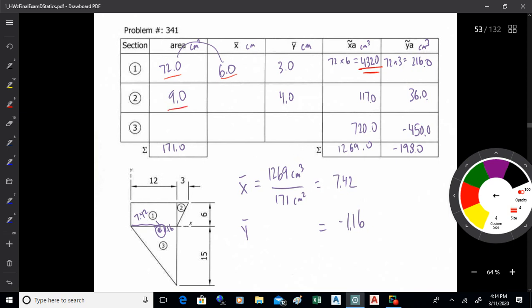The area of that little triangle there is 9. I'll multiply that by its distance, and that will get me the x bar A term for that shape.